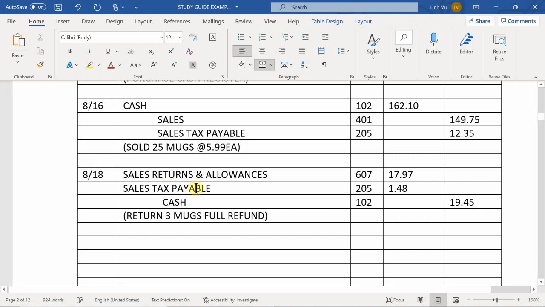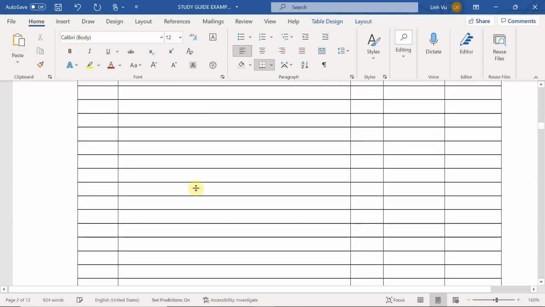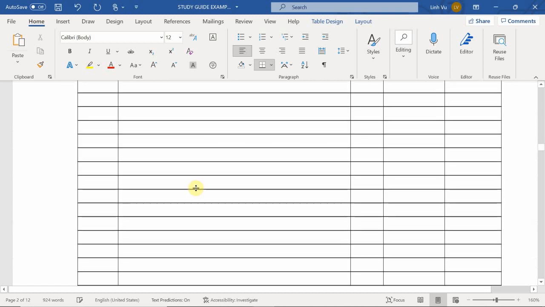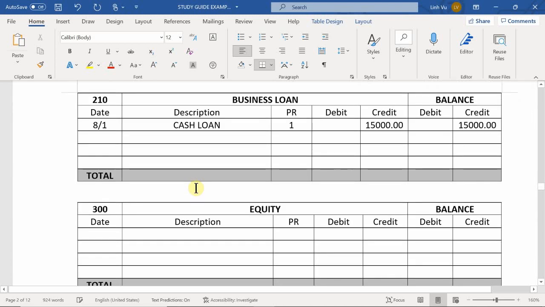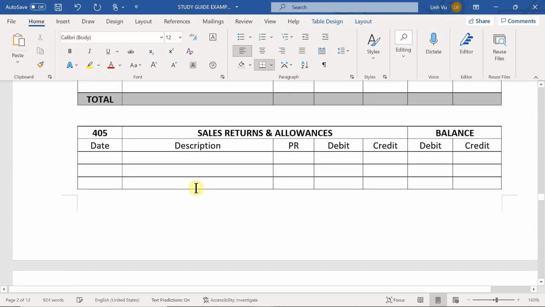All right, so now we go to the ledger. Sales return.